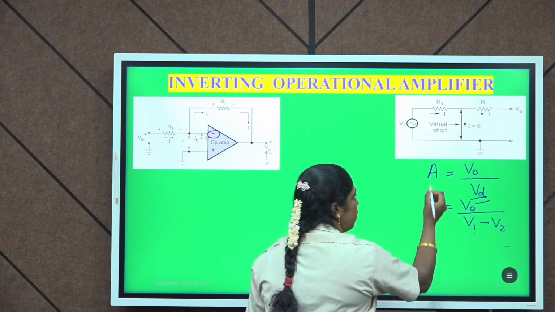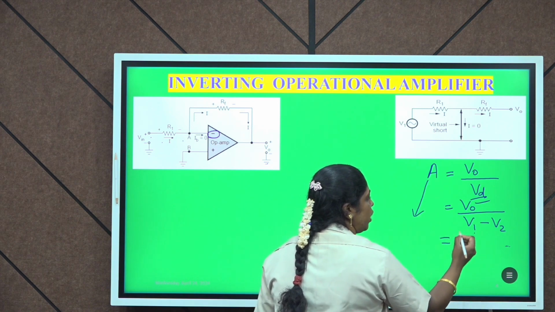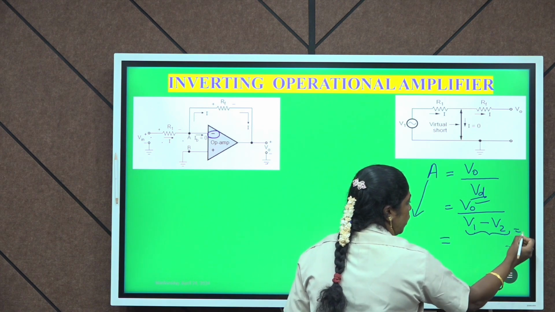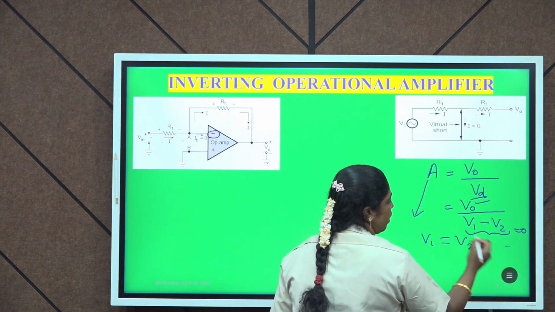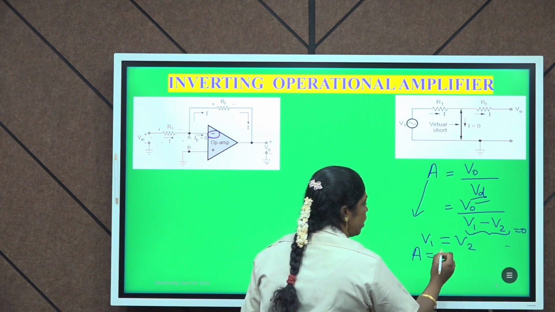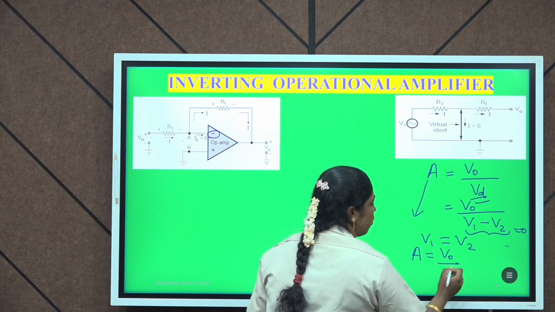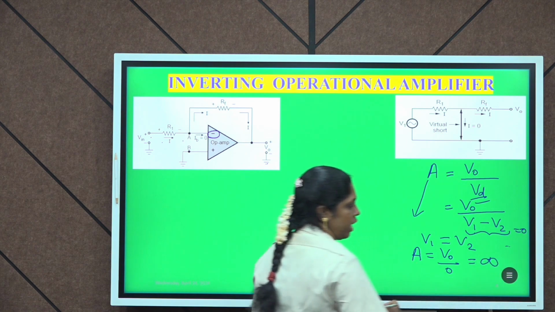In order to make the gain high, Vd needs to be equal to 0. When V1 is equal to V2, Vd will remain 0. So the gain A is equal to V0 divided by 0, where the gain becomes infinite.